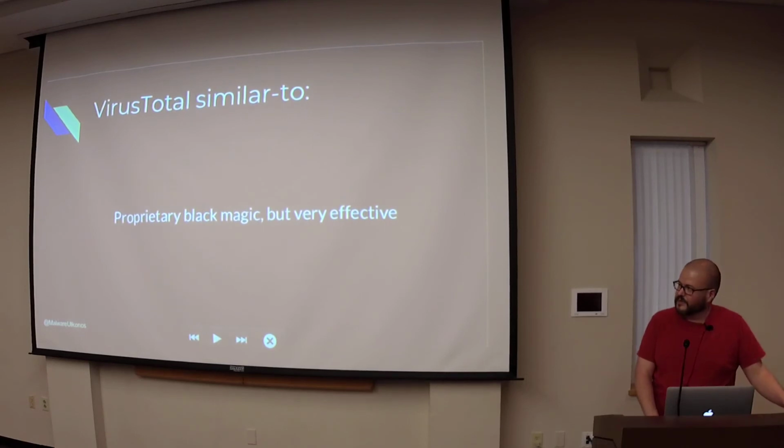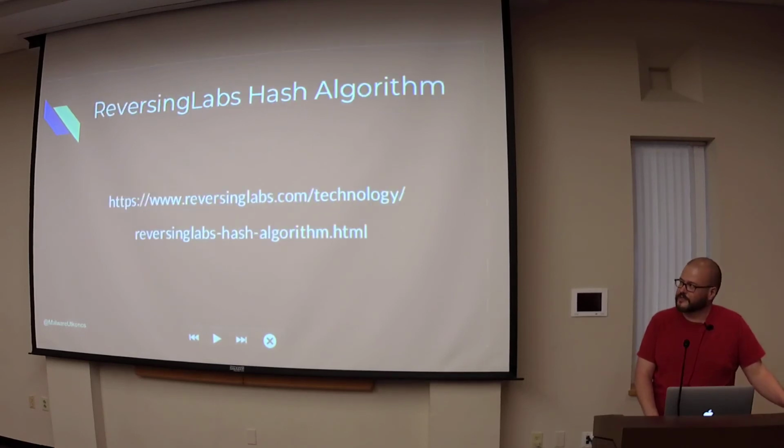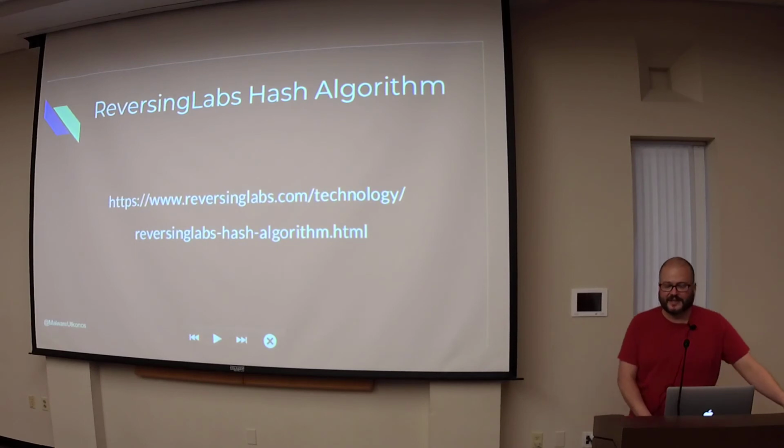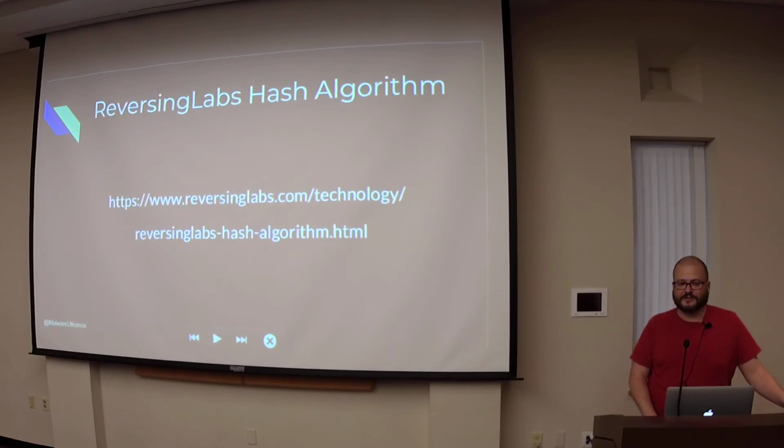Last month I went to visit my friends at Reversing Labs in Zagreb, Croatia, and had a nice happy hour with them across the road at their local hub, and talked about malware analysis. I gave this talk to them in their office, and they noted that they have their own version of that similar-to algorithm, but theirs is not black magic.